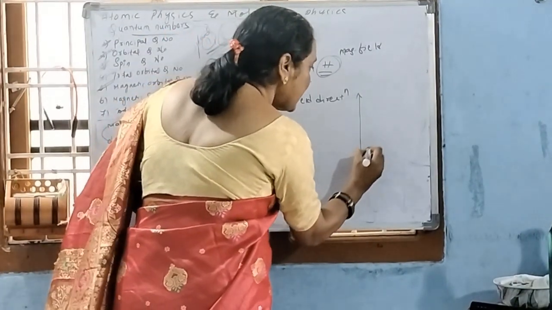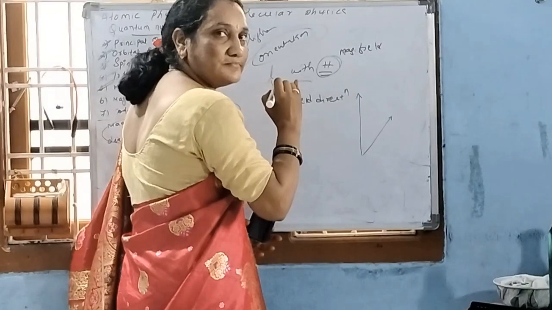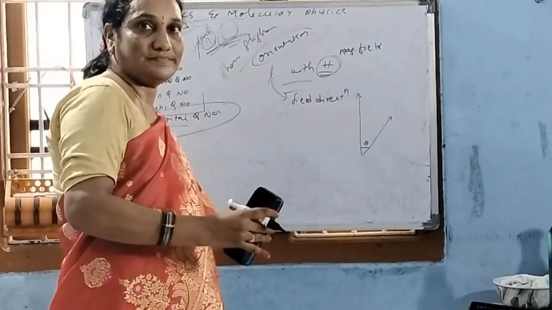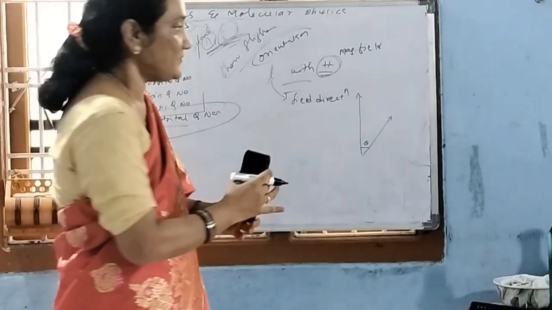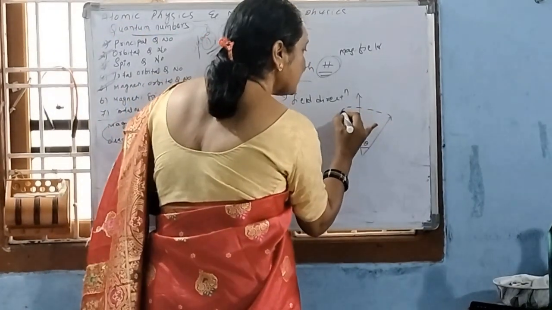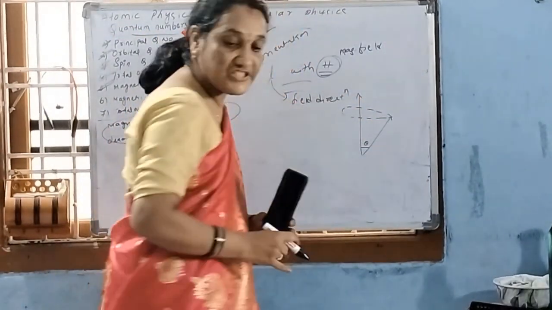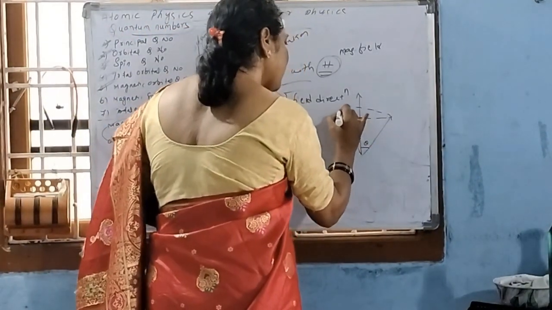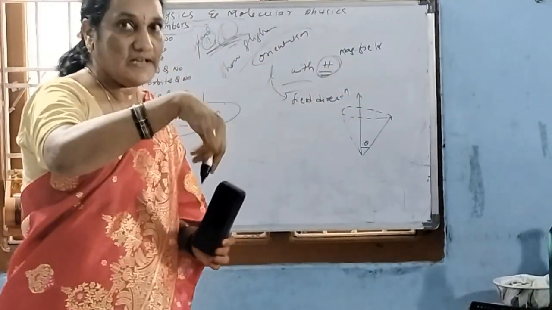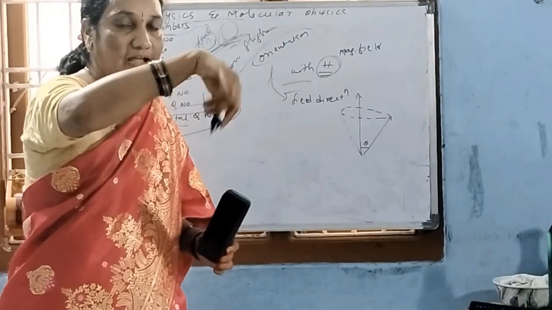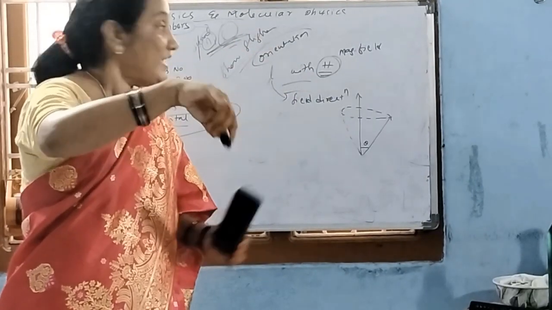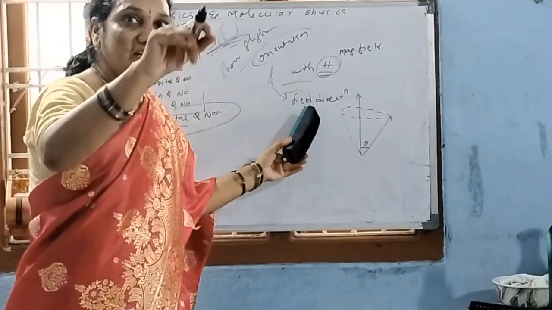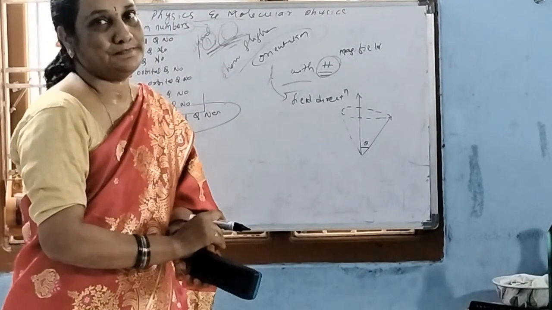I'm taking L in such a way that it makes an angle theta with the field direction. Now the orientation will be in such a way. The dotted lines indicate the orientation of L along the field direction. It gives nothing but the magnetic orbital quantum number.